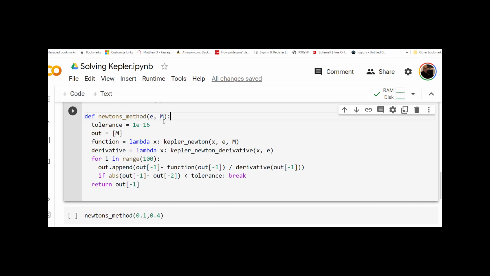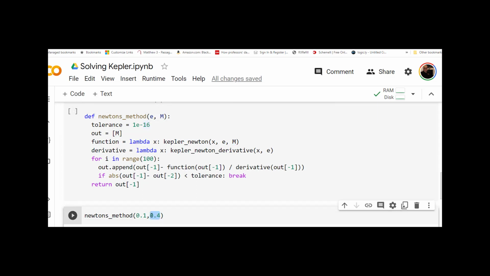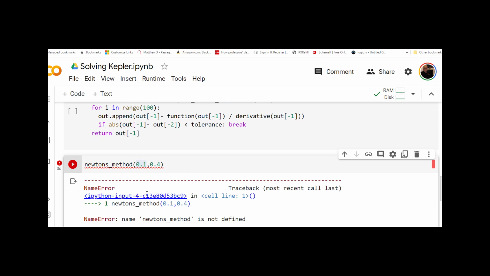And so in doing this, I'm going to use my mean anomaly, okay, is going to be M. I'll put in 0.4 as I did in the case before, and the same eccentricity as in the case before, and I run through it, and not defined.